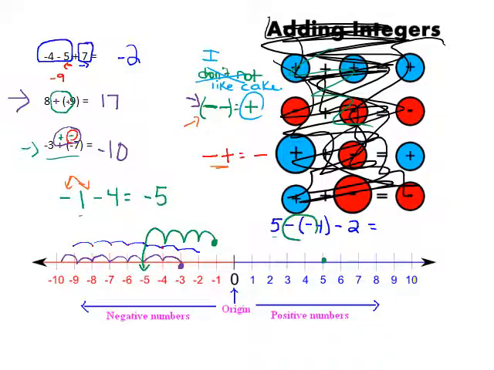What do you notice about this pair right here? They match, that means they get along, and they will now become positive. So 5 plus 4, so we're going to jump 4 towards the positive. Okay, we're at 9 right now. And then we just simply subtract 2. So we're going back the other way, 1, 2. And we end up right there at 7.